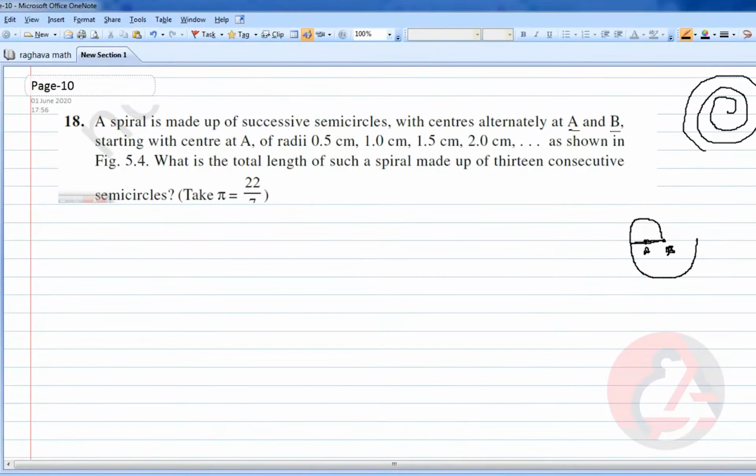This is A. This is B. Like this, the third semicircle. And here is the fourth semicircle.